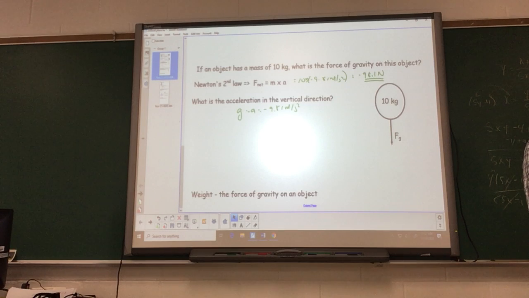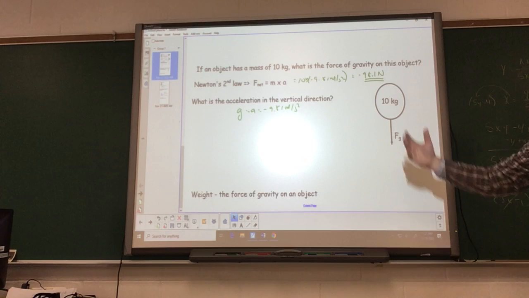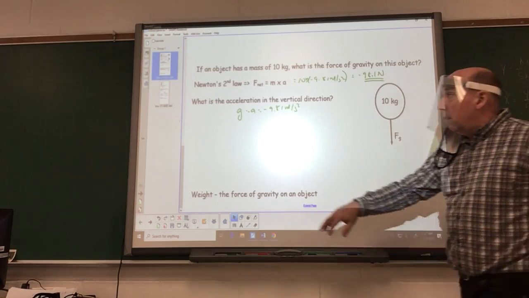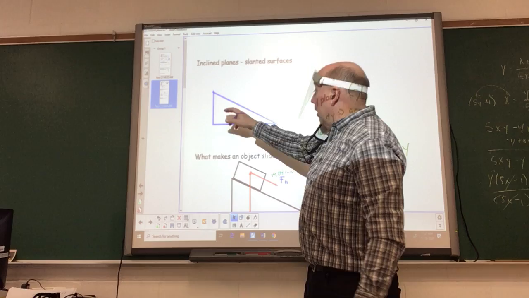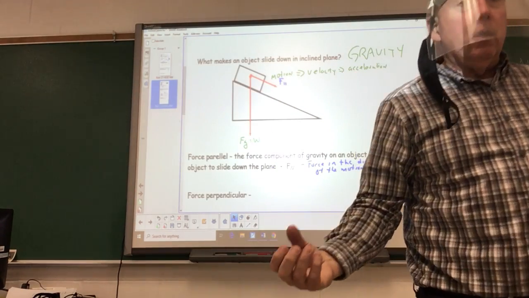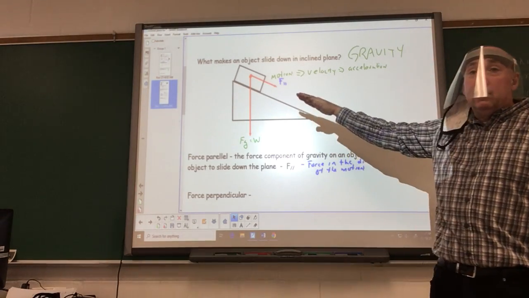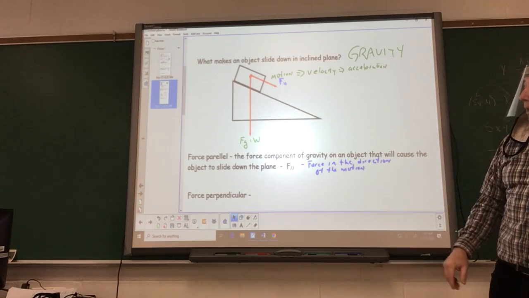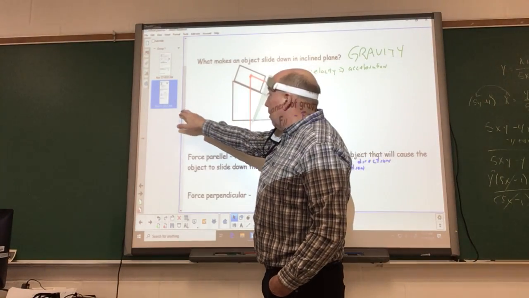The force of gravity is going to pull us downward. The motion of the body of this book is going downwards. That's my force of gravity. That's the weight of the object. Over here, we have the weight of this object. It wants to go downwards. Problem is we got a slant there. We have an inclined plane. So our force in the direction of motion is called a force parallel. We have the force perpendicular.